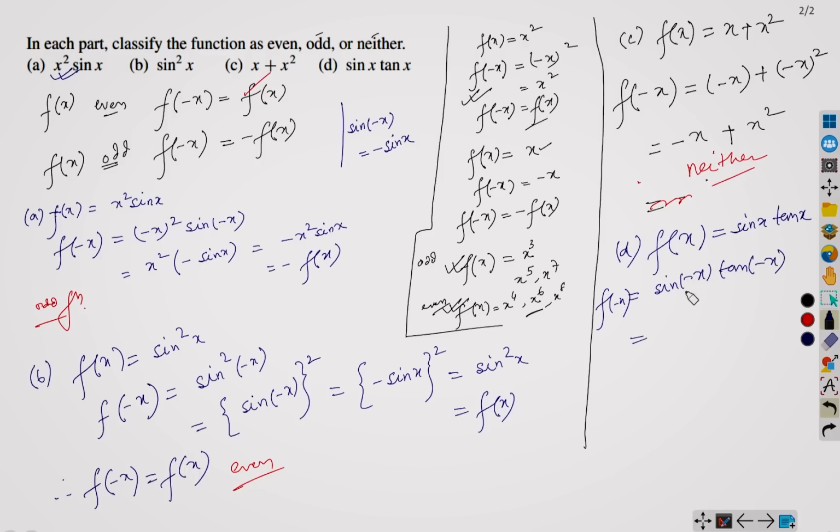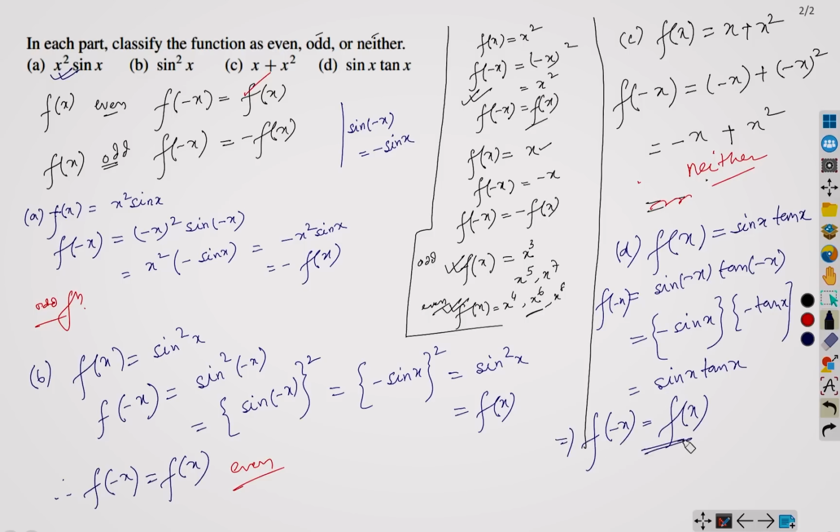Now we know sin of minus x is minus sin x, and tan of minus x is minus tan x. Multiplying, minus times minus will be plus, and ultimately we obtain sin x tan x, that is f of x again. So f of minus of x equals f of x. This is again an even function.